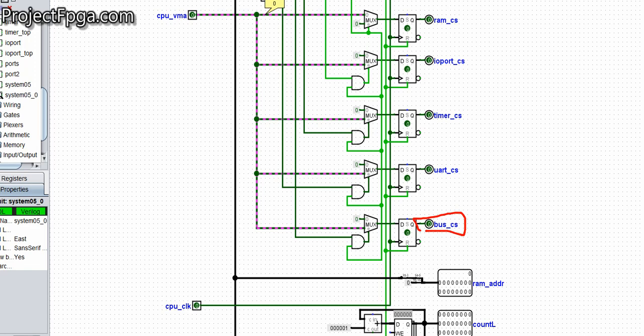So this is a very good design concept. In case you want to add more, you can add from here directly instead of reshaping the whole circuit afresh. So that's what this bus does.